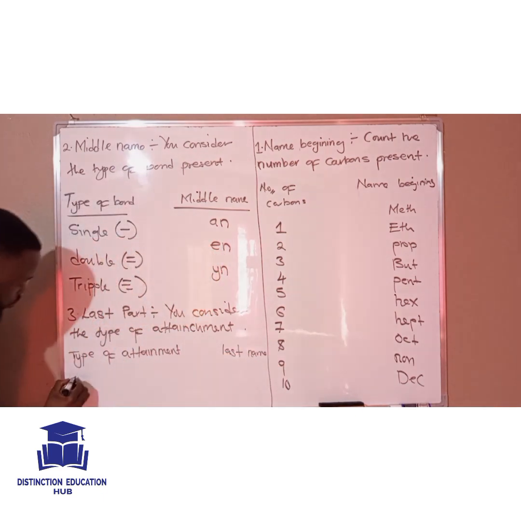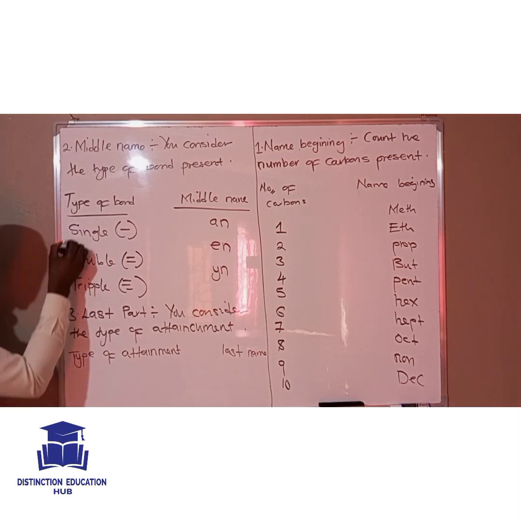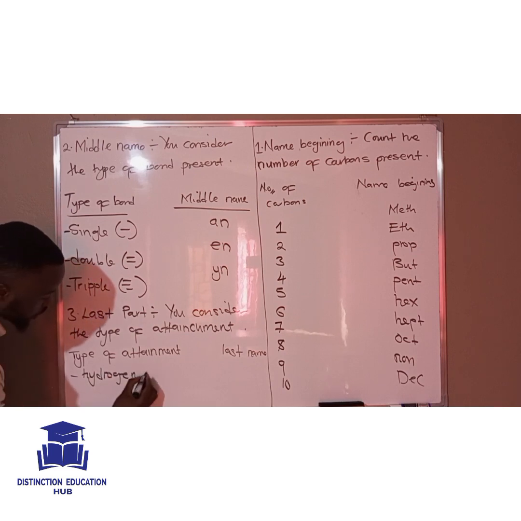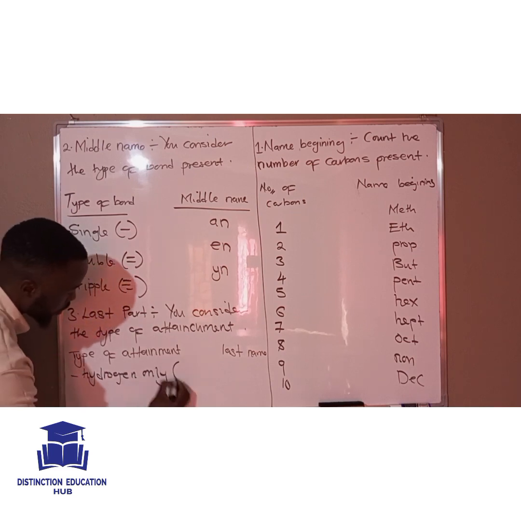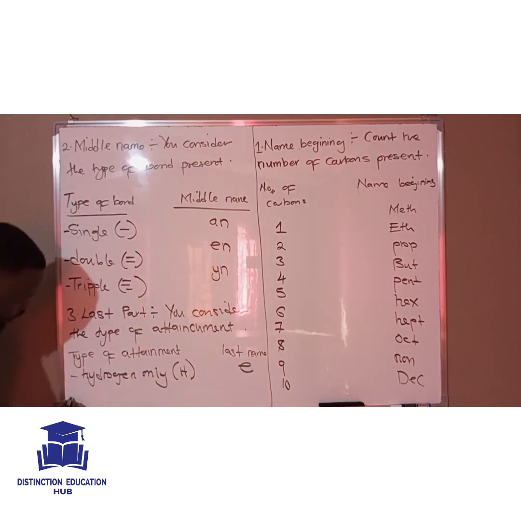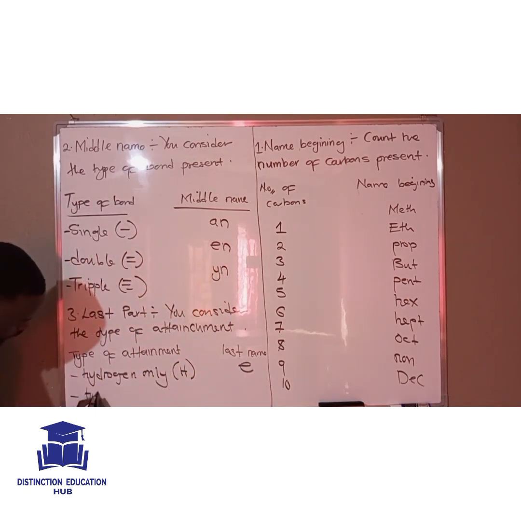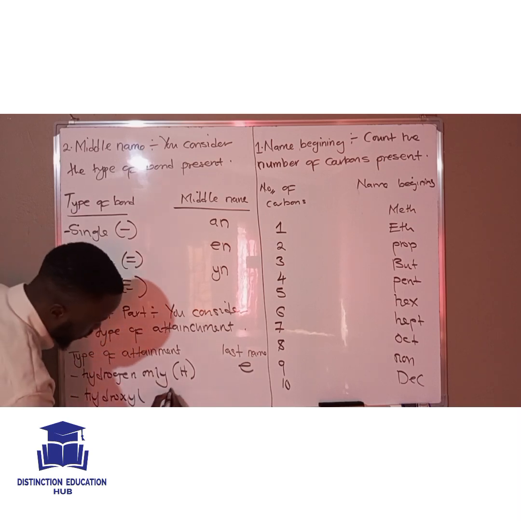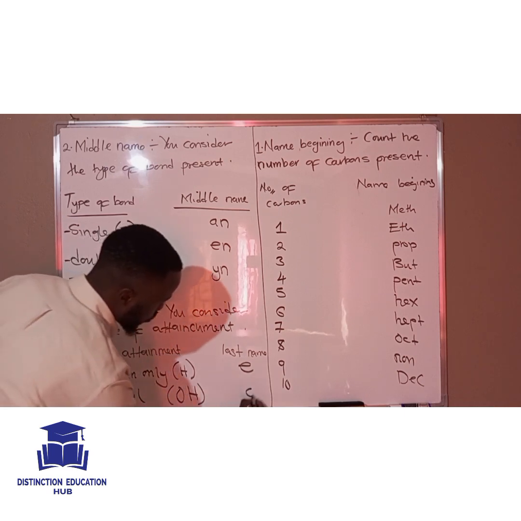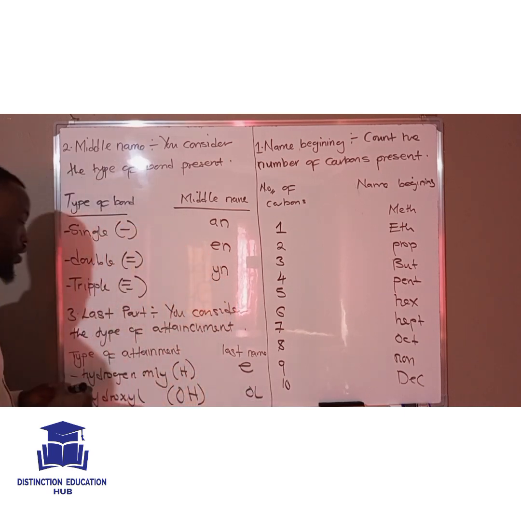If you have the hydrogen only attachment, H, the last part is E. If you have a hydroxyl attachment, which looks like this, OH, the last part is OL. Have you seen that?